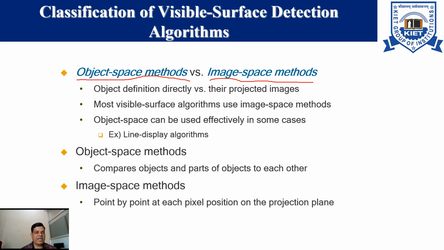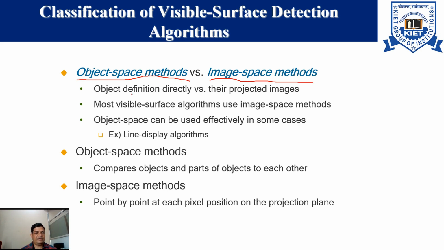The algorithms can be categorized in two ways: first is the object space method and second is the image space method. The object space method deals directly with the object definitions, while the image space method deals with the projected image of an object. That means first we do the projection, then we decide which faces are visible.